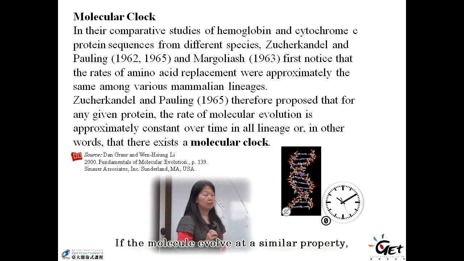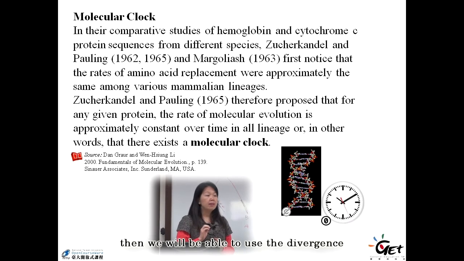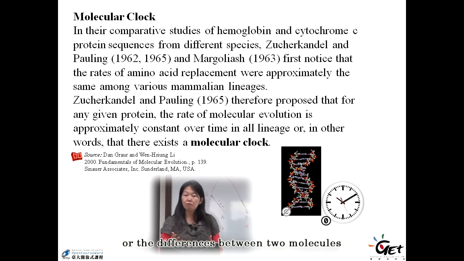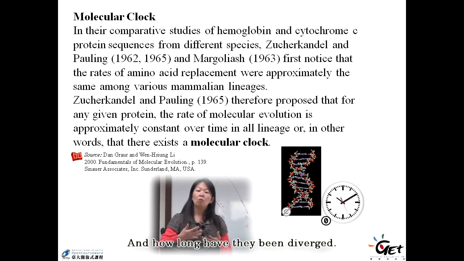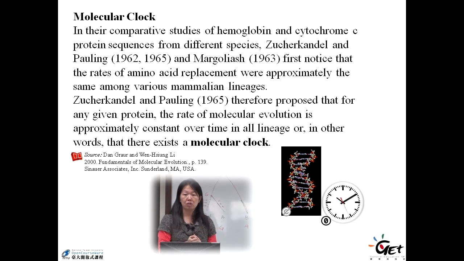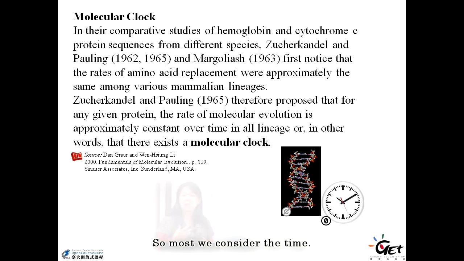If molecules evolve at a similar rate, then we will be able to use the differences between two molecules to understand how they evolved in the past and how long they have been diverged. So we consider the time. That's why we call it a clock.